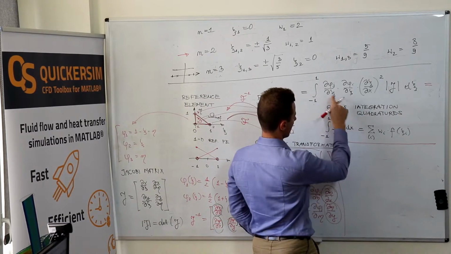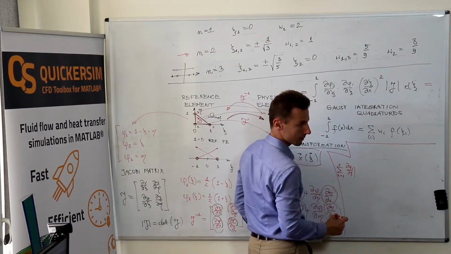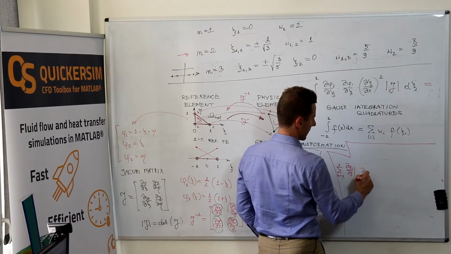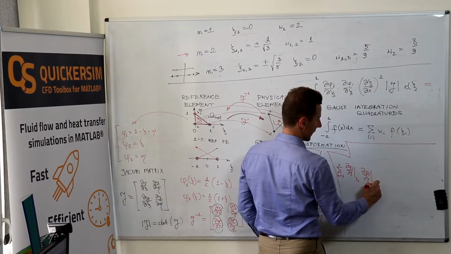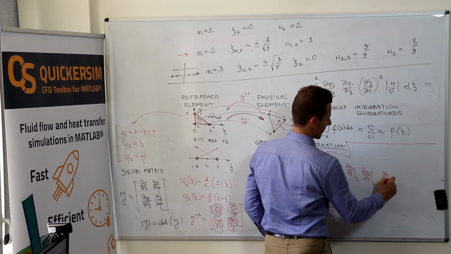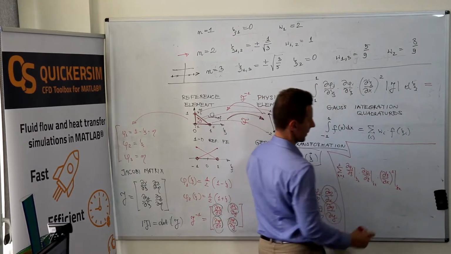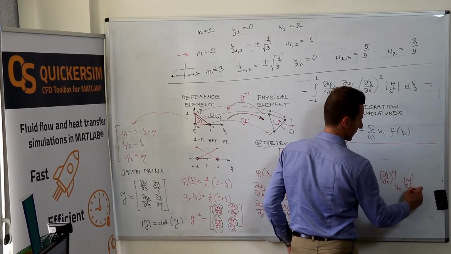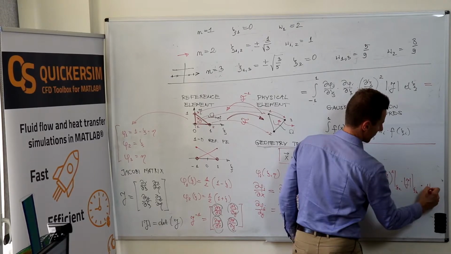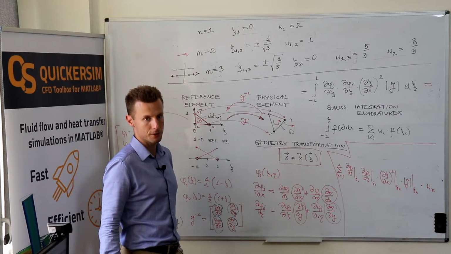We need to calculate d phi j d psi calculated at psi k, times d phi i d psi calculated at psi k, times d psi dx squared calculated at psi k, times the Jacobian calculated at psi k, times the kth weight. Finished. Okay?